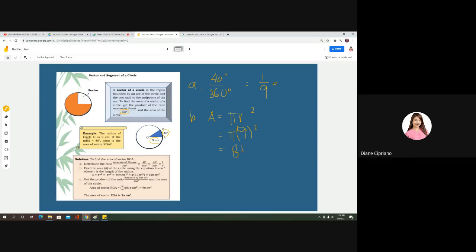So, next is to combine the letter A and letter B using the multiplication method, such as 1 over 9 multiplied by 81 pi cm squared.